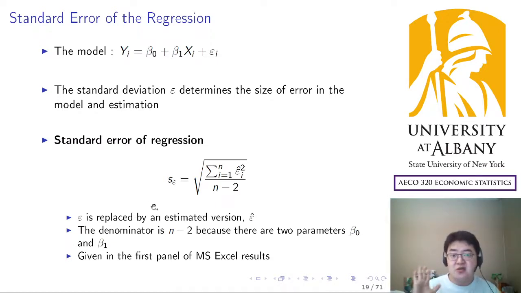So the standard error of epsilon is not defined. But when you have 3 points, then you can calculate something for this. So this can be calculated with a minimum of 3 observations. That is why. Intuitively, that's one way to understand this.